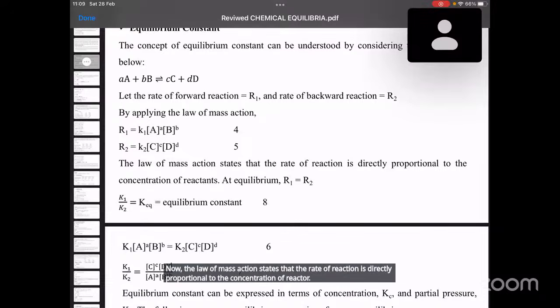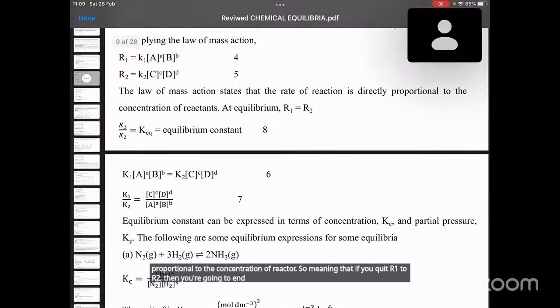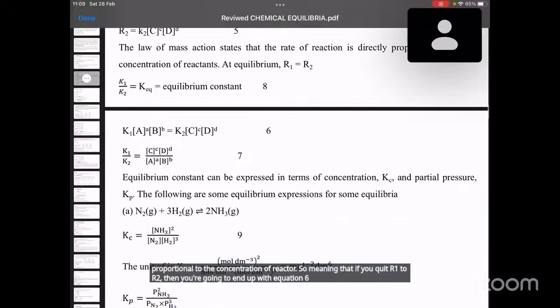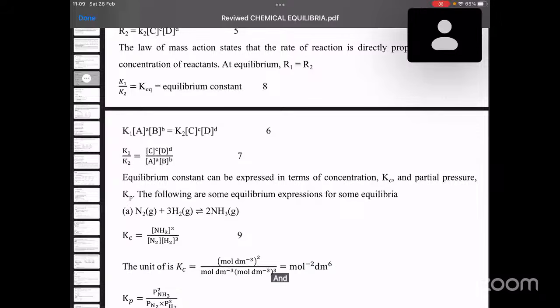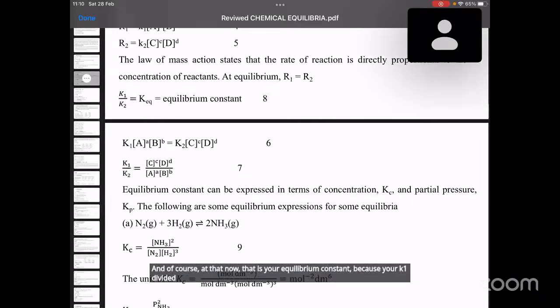So if you equate R1 to R2, you end up with equation 6, and you can rearrange equation 6 to give you equation 7. And of course, that is your equilibrium constant, because K1 divided by K2 is equal to the equilibrium constant.